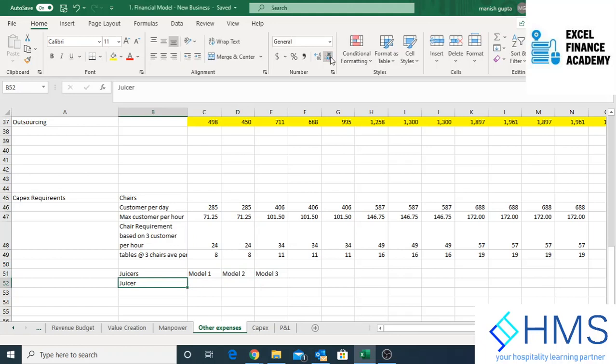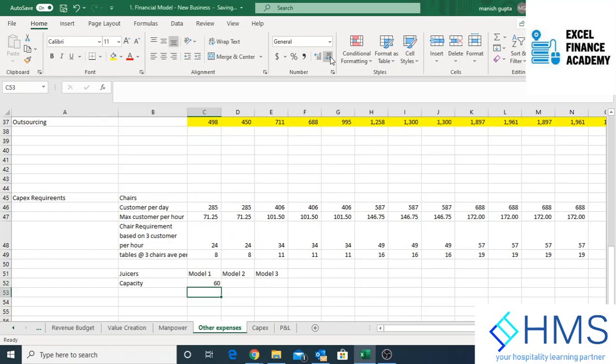So let's say the capacity, how much is the capacity for each model? If one juicer is going to serve, it's going to take at least a minute to do the juicer or blender, or normally all 3. So let's say it takes a minute to do one portion. So in 1 hour you can do 60 portions.